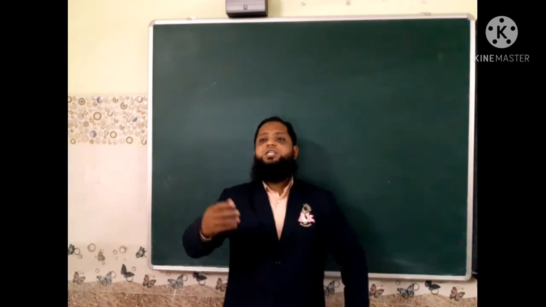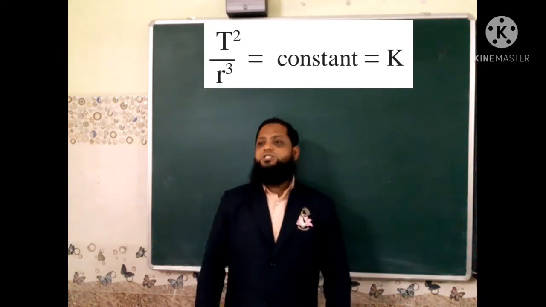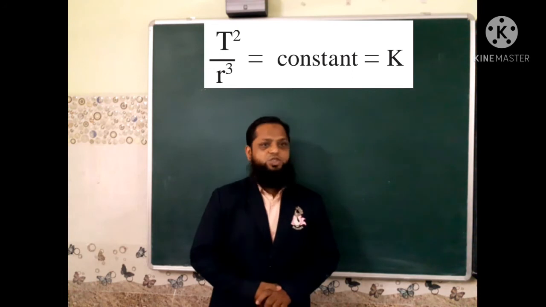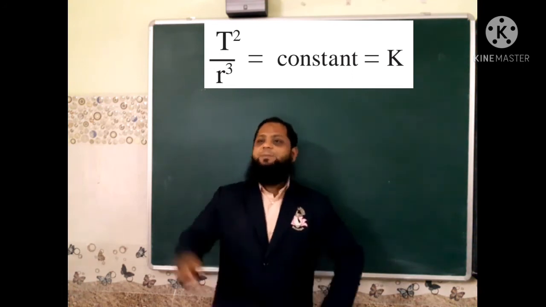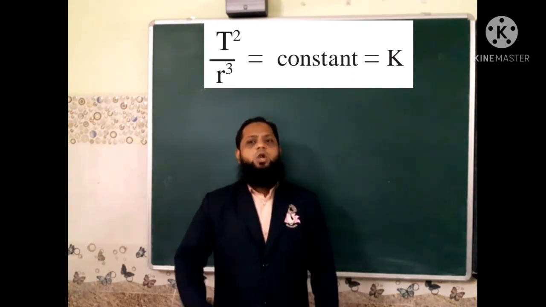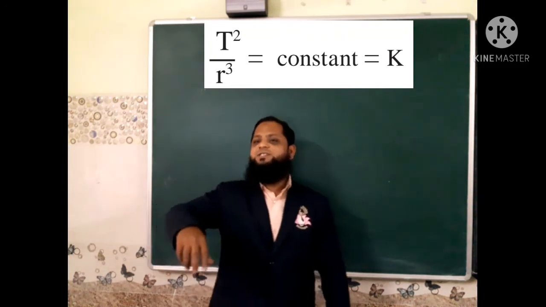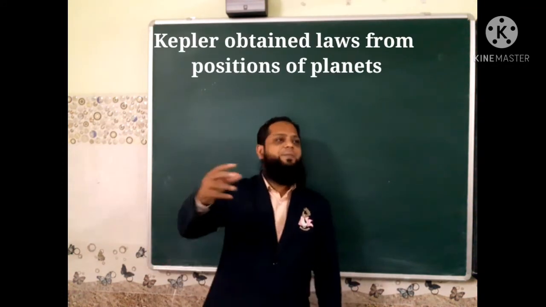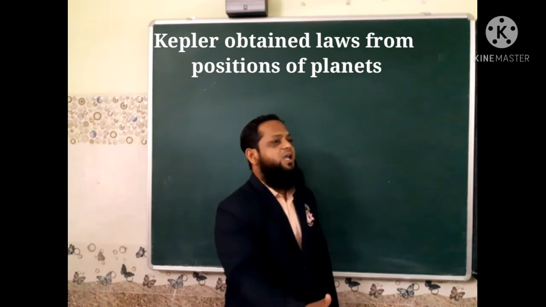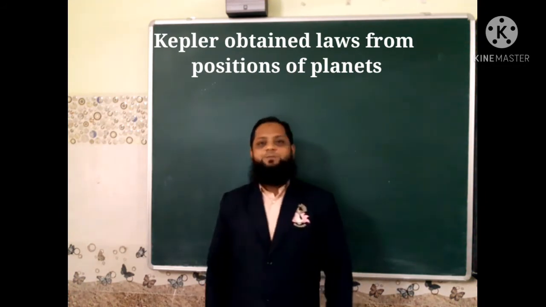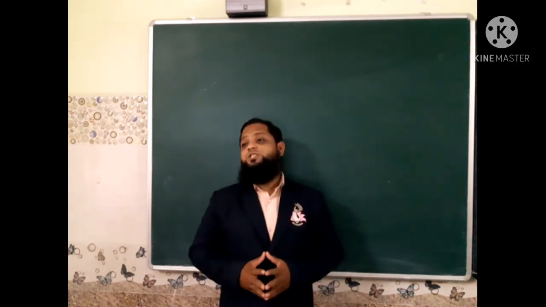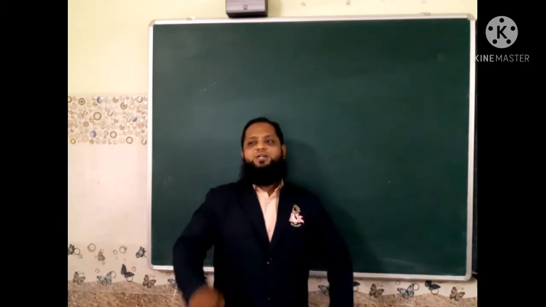That is, T squared upon r cubed is equal to a constant, k. Kepler obtained these laws simply from the study of the positions of the planets obtained by regular observations. So regular observation is also very important.